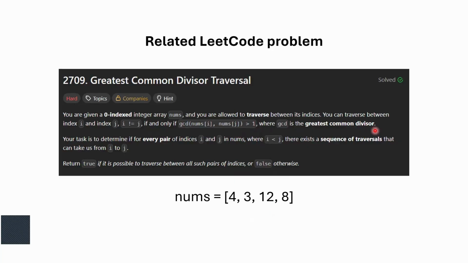Also in this, I will be using factor, not divisor, because I think factor is more intuitive. So if the two numbers, let's say 4 and 12, share a greatest common factor greater than 1, then we can traverse from 4 to 12 and vice versa.